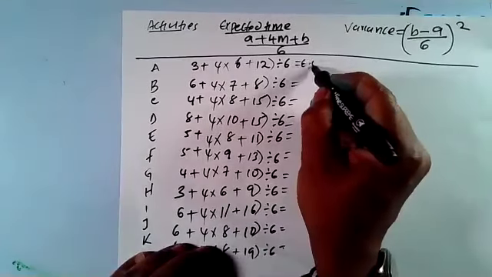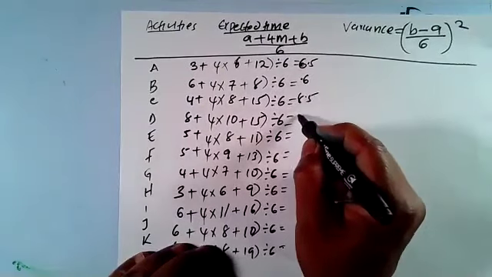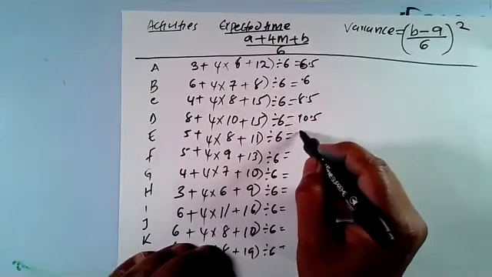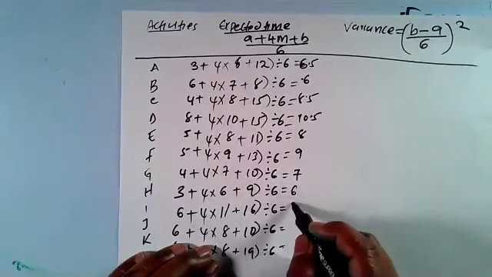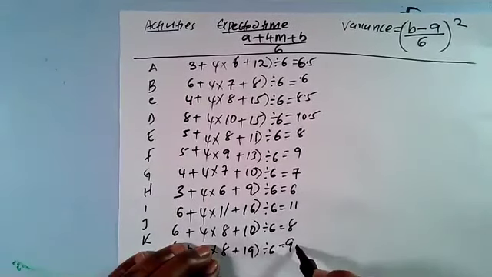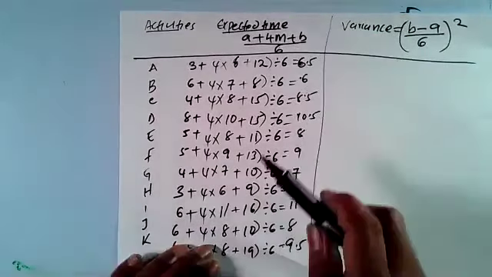So this will be 6.5. So this one will be 6, 8.5, 10.5, 8, 9, 7, 6, 11, 8, and 9.5. So now, this time is what you'll take to the network diagram.